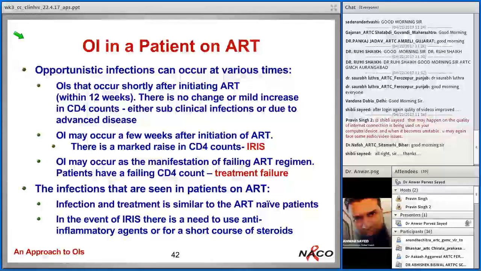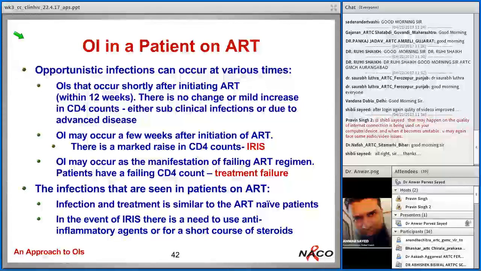Once you start ART, it will strengthen and restore the immune response, and the restored immune system will find the organism which is hiding in the body, and in that process you will see a clinical presentation of OIs. And if it occurs within a few weeks after initiation of ART and with a marked rise in CD4 count, it is called immune reconstitution inflammatory syndrome, that is IRIS, which we spoke about in the last session.